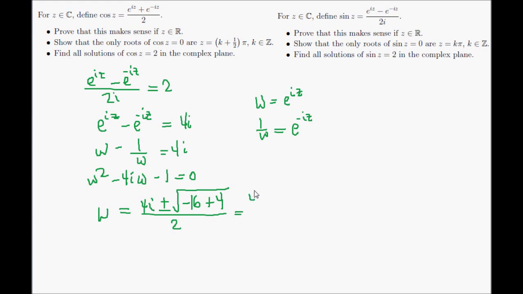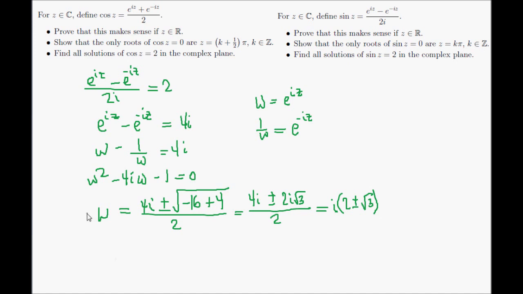So this becomes 4i plus or minus the square root of negative 12, and the square root of negative 12 is 2i square root of 3, divided by 2, which is i times 2 plus or minus the square root of 3.